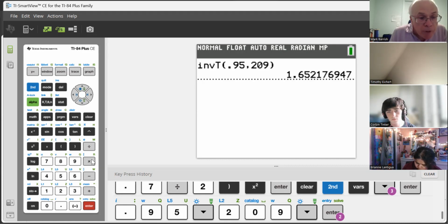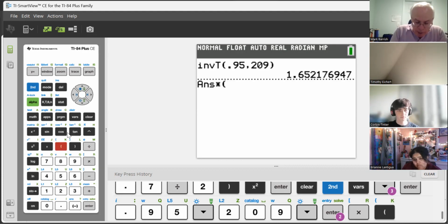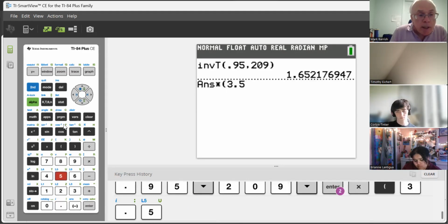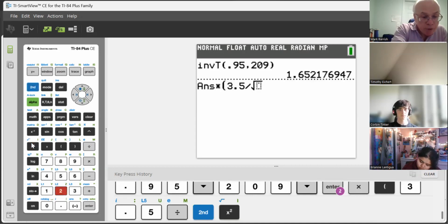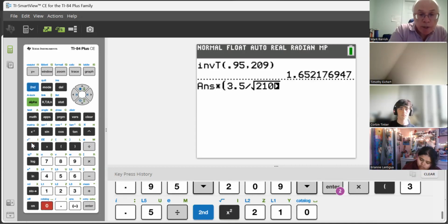Now I'm going to multiply that by the standard error, and I'll open up a set of parentheses here. It's going to be the sample standard deviation of 3.5 divided by the square root of the sample size, which is 210. Make sure you use not 209, but 210 here. All right, hit the right arrow key to leave the square root.